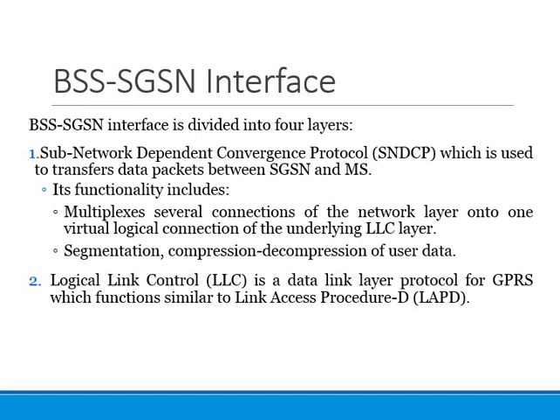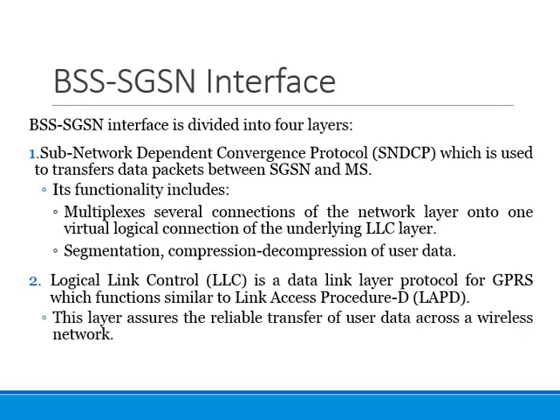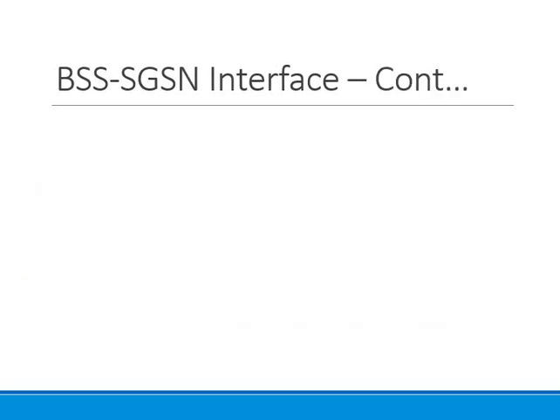The other thing it includes is the logical link control, that is LLC. It is a data link layer protocol for GPRS which functions similar to the link access procedure D, that is LAPD. This layer assures the reliable transfer of the user data across a wireless network.